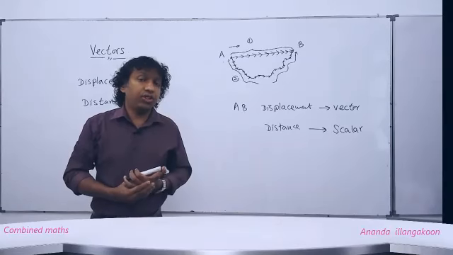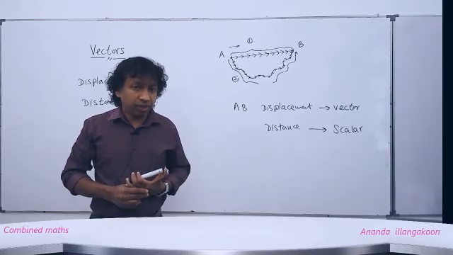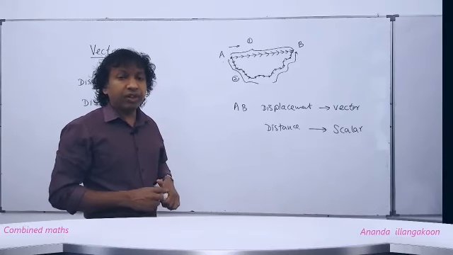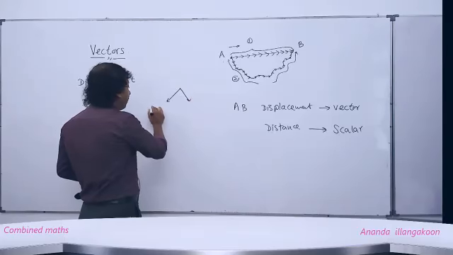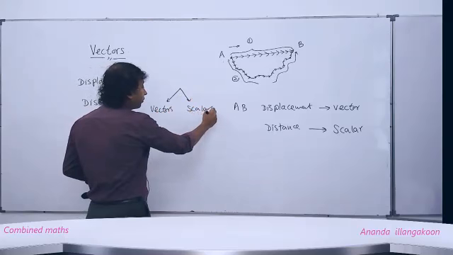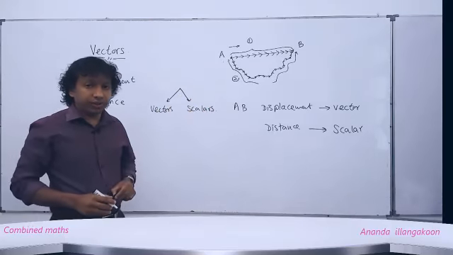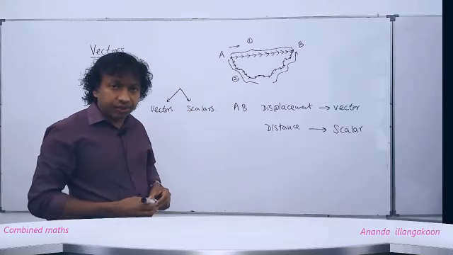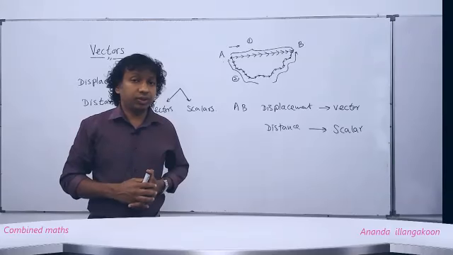So therefore, basically, people, our physical quantities in day-to-day life we divide into two parts: one is vectors, the other is scalars. For vectors, you can very easily imagine physical quantities which have both qualities, size and direction.